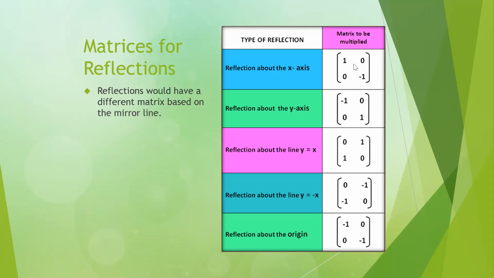Now also you know that with a reflection in the x-axis, you would expect your x's to stay the same, or would you expect them to change? Somebody? If you have a reflection in the x-axis, do you expect your x values to change or would they stay the same?